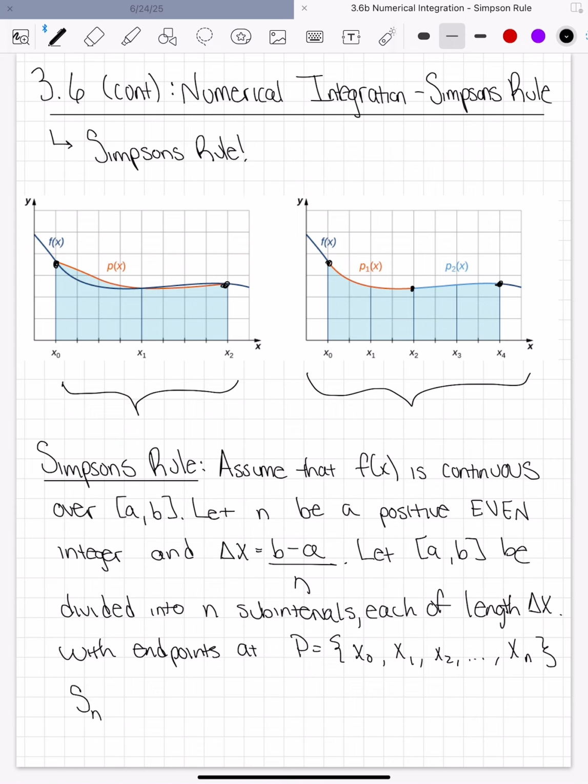Then Sn is equal to delta x over 3 times f of x0, and this is important, right? The first one does not have a coefficient. The second one's coefficient is 4, and then the next one's coefficient is 2, and so it alternates between 4 and 2 and 4 and 2 and 4 and 2, right? And then let's say we make our way all the way downtown.